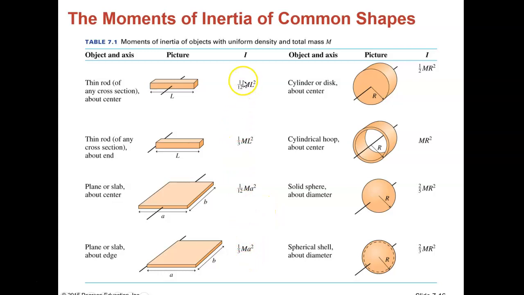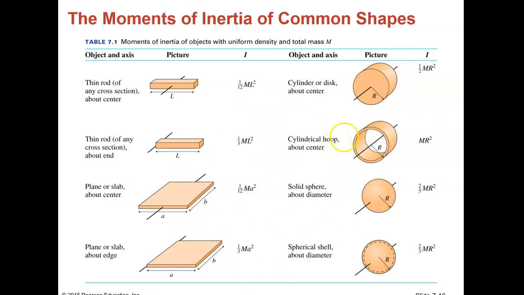So again, the two determining factors for moment of inertia are mass, and if it's a plane surface, the length of the object from its pivot point. If it's any kind of circle, cylinder, or sphere, it's the radii. So make sure you look over those, jot them down if you want to, but again, you will be given those if you need them.